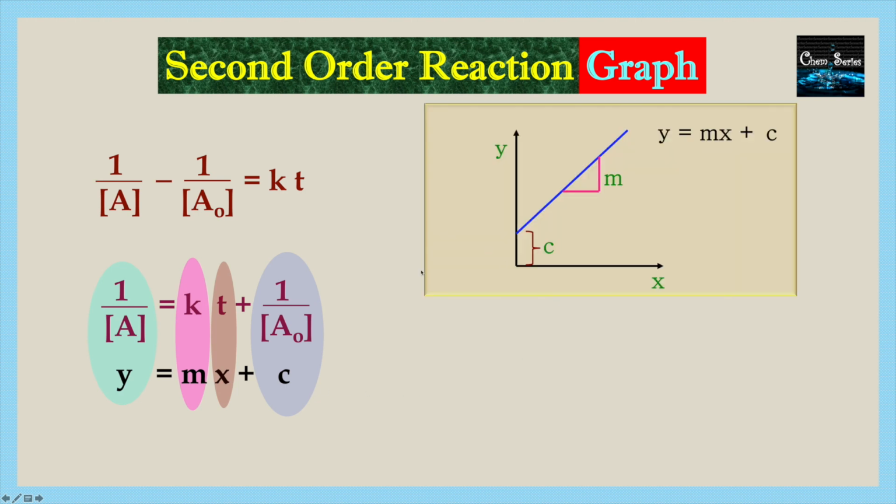So when you substitute all these terms over this graph, you will get this. Okay, so this is the graph of second order reaction.